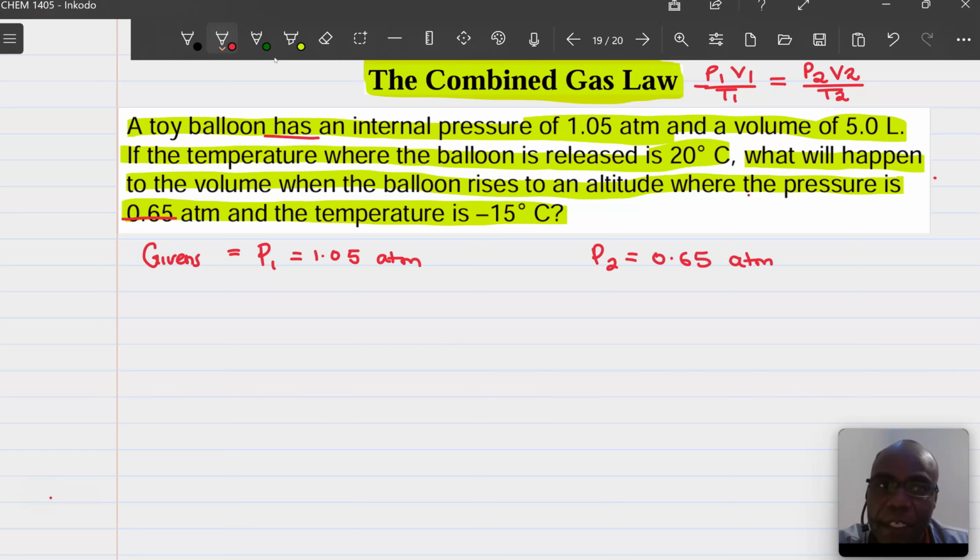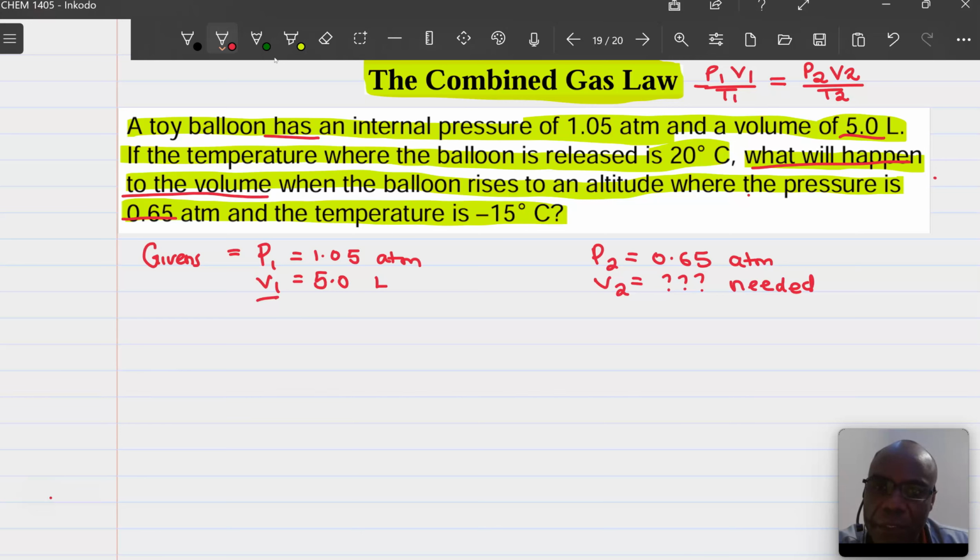atmospheres. And then the initial volume V1 of the balloon is 5.0 liters. Do we have a final volume? No, it's asking us for the final volume. So V2 is not known, it's actually needed.